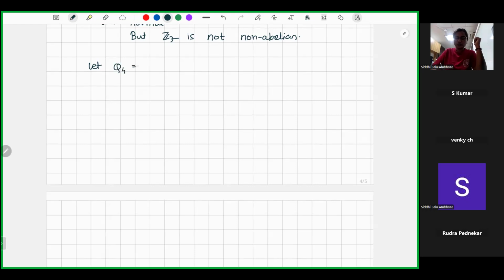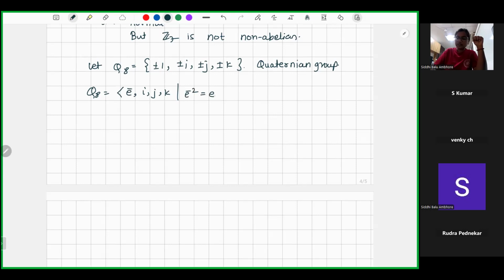This Q8, it is the group containing plus or minus 1, plus or minus i, plus or minus j, plus or minus k. This is called the quaternion group. Okay. And let me again give its description. This e bar means minus 1. It is generated by the elements minus 1, i, j, and k, such that e bar squared is e.